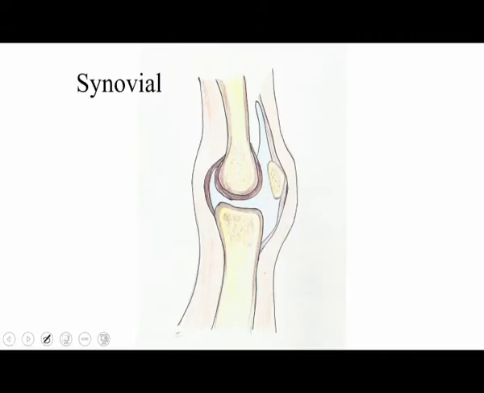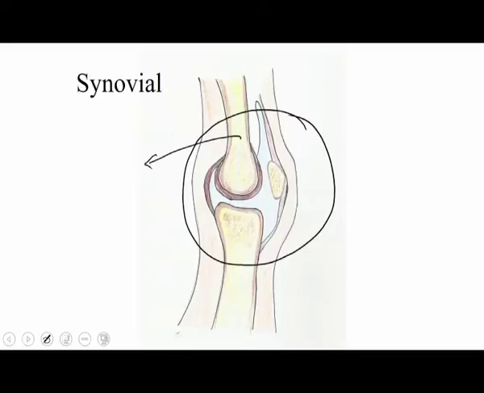Next you have the large group of joints, and that is called synovial joint. What I am depicting here is the region which we have just now discussed in our limb region. This one is your femur. This is tibia, and then you have this bone called patella.